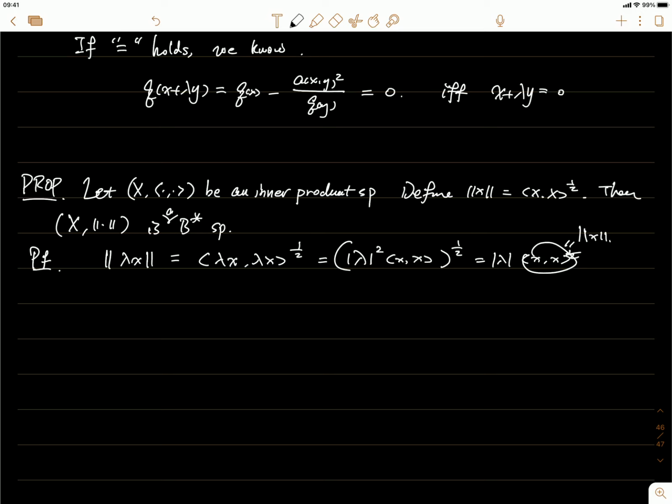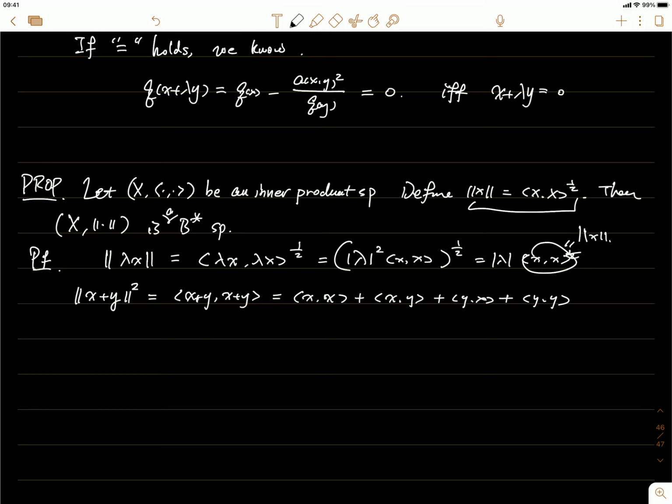So the only key thing is to show that it satisfies the triangle inequality if we define the norm in this way. So let's show that. We know that ‖x+y‖ squared, according to the definition, is the inner product of x plus y with itself. When we expand this, it becomes ⟨x,x⟩ plus ⟨x,y⟩ plus ⟨y,x⟩ plus ⟨y,y⟩.